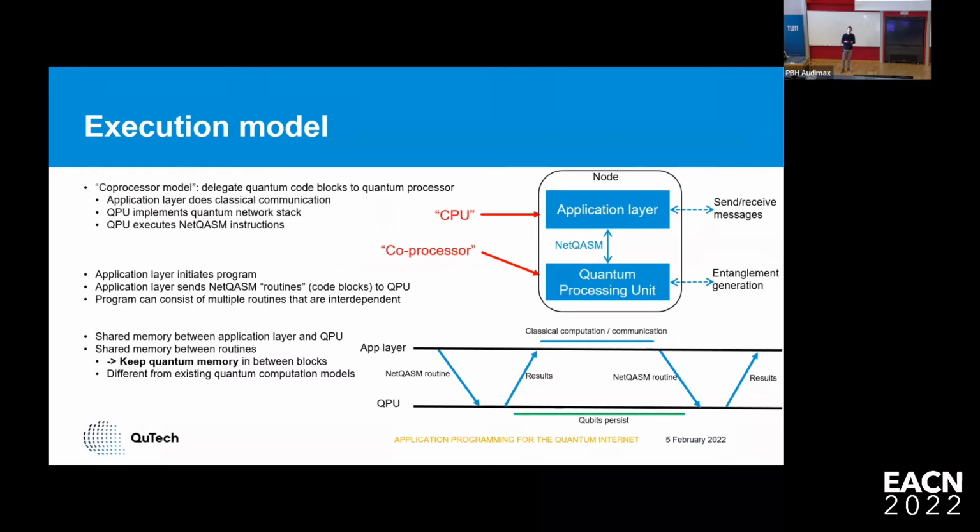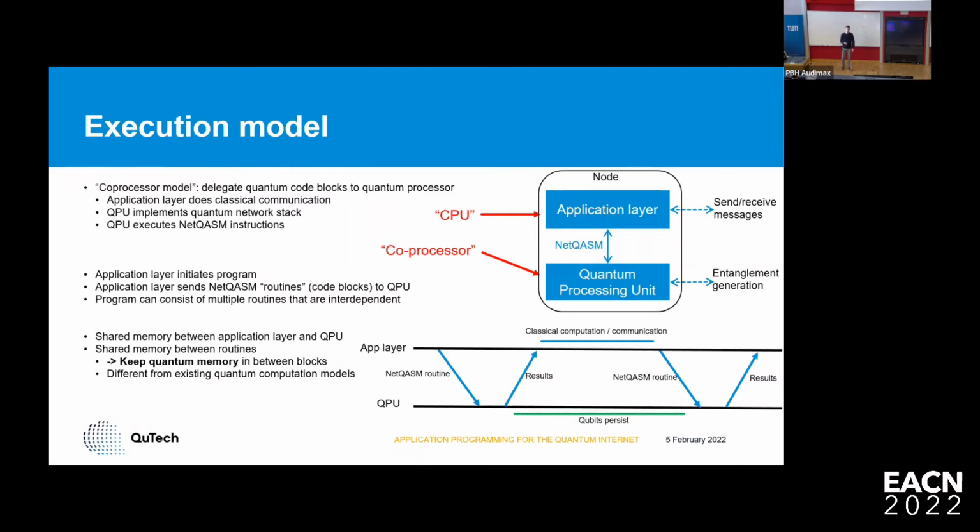But if you have some quantum code that you want to execute as well, then you bundle this quantum code in a quantum circuit and send it to a coprocessor, a quantum processing unit. This quantum processing unit then executes this quantum code for you. At some point, it's done processing all these gates and measurements, and then it returns control back to the classical processing unit.